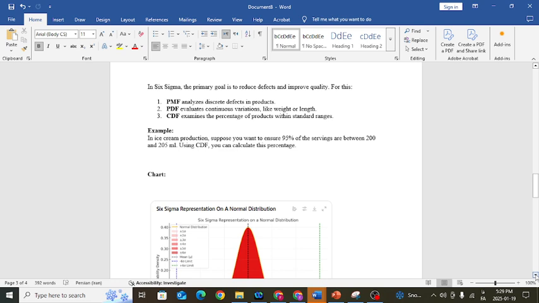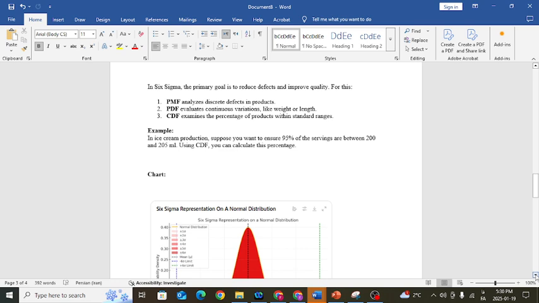And PDF is the probability density function that evaluates continuous variation like weight or length. And CDF is the cumulative distribution function, which examines the percentage of products within a standard range.